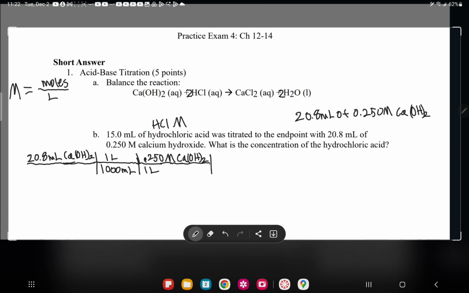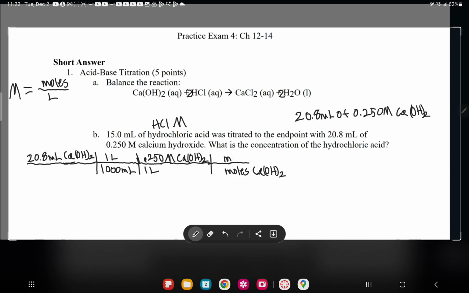Okay. So now that we have that, what else can we use? Well, we can go into moles. So we want to cancel this out. So this will be moles of the Ca(OH)2.